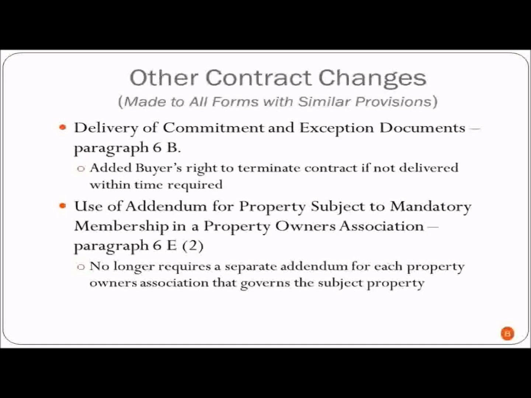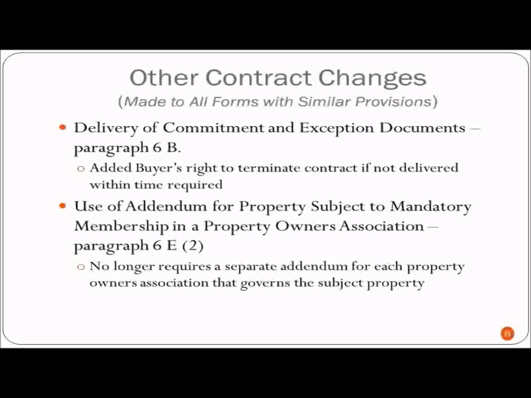Under that provision, under the current form, before this new form, we just said that the seller is obligated to deliver the commitment to the buyer within 20 days after the contract's delivered to the title company. But if the commitment and exception documents aren't delivered to the buyer within those 20 days, then there's a right to extend it.